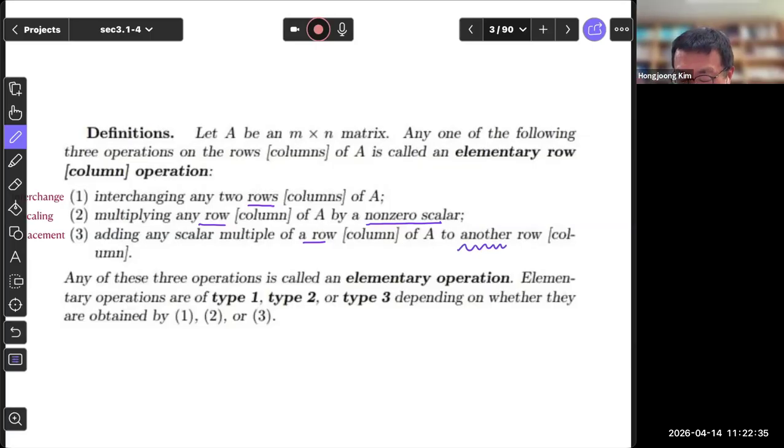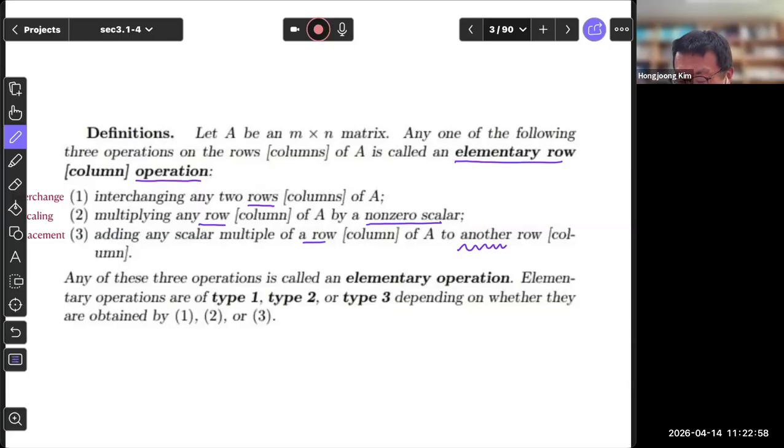These three operations will be simply called interchange, scaling, and replacement. These three operations will be called elementary row operations, or simply elementary operations.